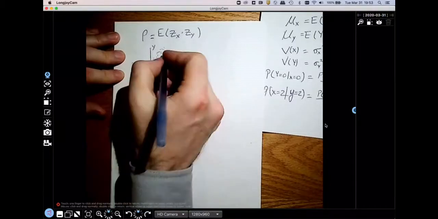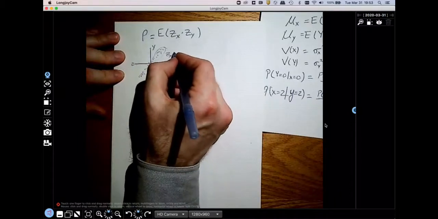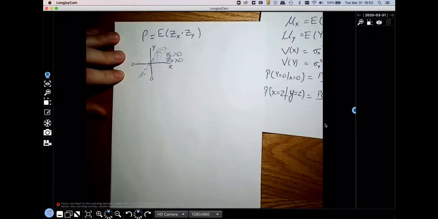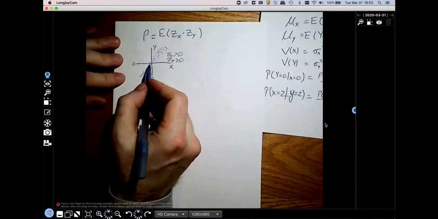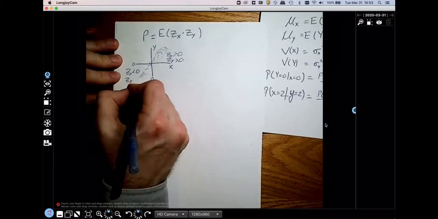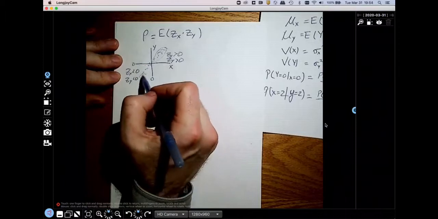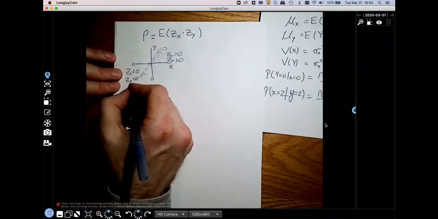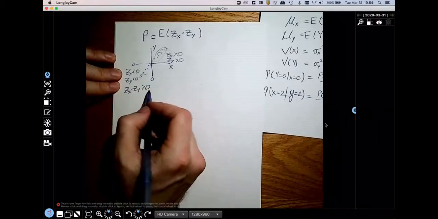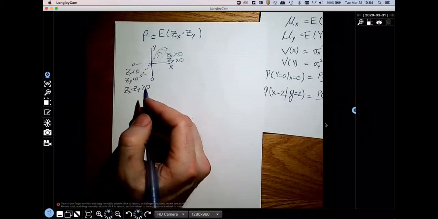So what I'd like you to note is that for all of these values out here, zx is going to be positive because they're all above average, and zy will all be positive because they're above average. Likewise, all these points down here have zx less than 0 and zy less than 0. So when I take the product of two negatives, zx times zy down here will be positive, because I take a negative times a negative, I get a positive.